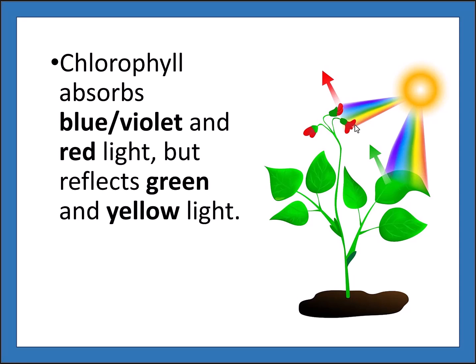So the chlorophyll in the leaves of the plants absorbs blue and violet and red light, but it reflects green and yellow, which is why that plant looks green or light green, yellowish green to your eye.